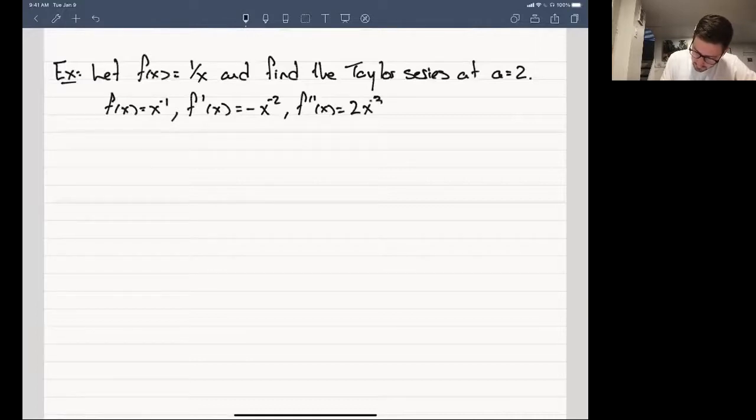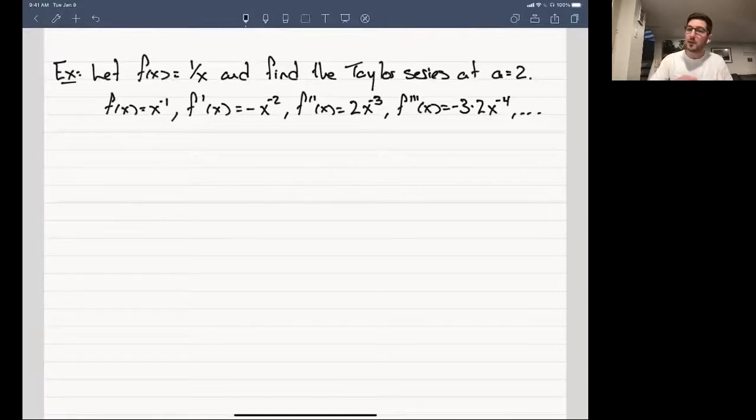So what you're going to see as you work through problems of finding Taylor and Maclaurin series is you're going to be looking for patterns. The third derivative is equal to minus 3 times 2 x to the minus 4, and so on and so forth. I think I have enough here to find a pattern.